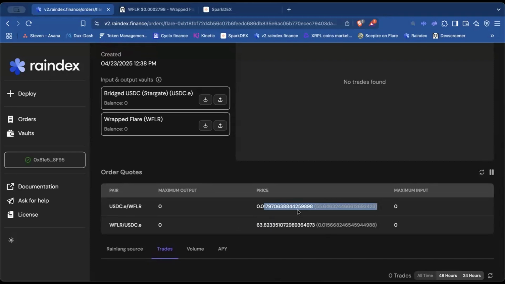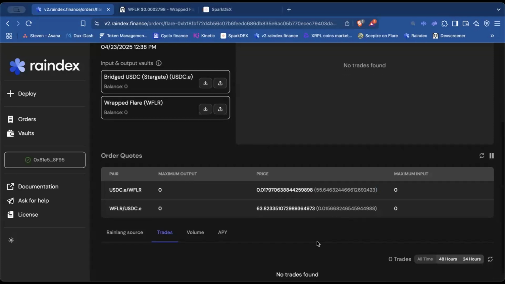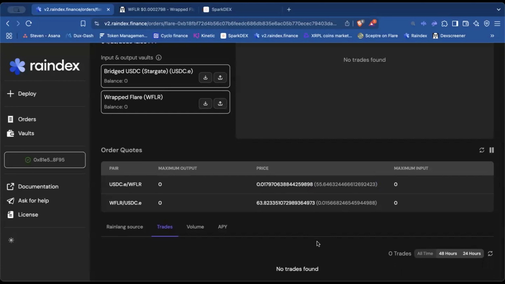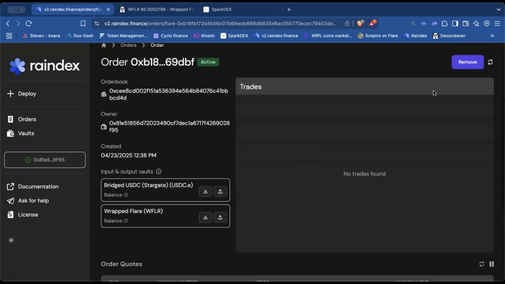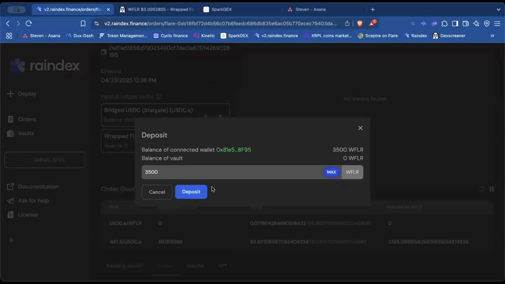Gotcha. And if you invert it, that's 55 wrapped Flare that you get per USDC. Gotcha. And on the way down, it's inverted. Okay. Now you're going to press where it says bridge USDC and wrapped Flare in the middle, next to USDC. There. Do the same thing for wrapped Flare.